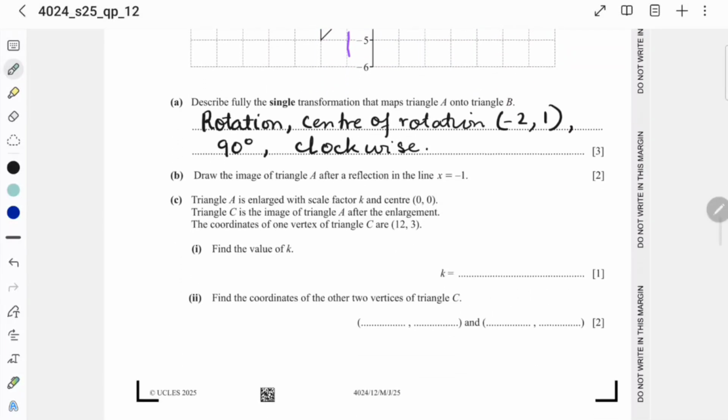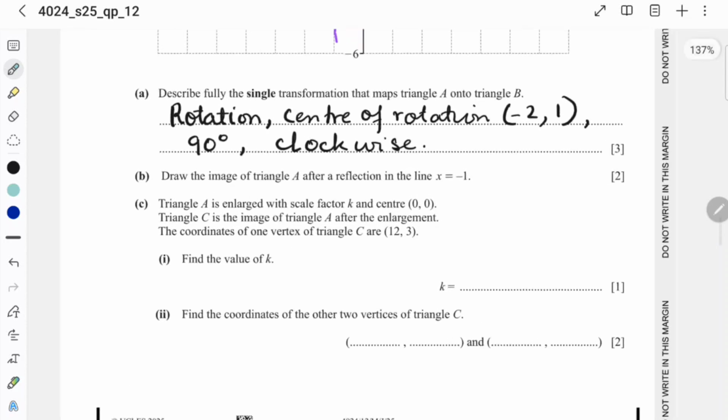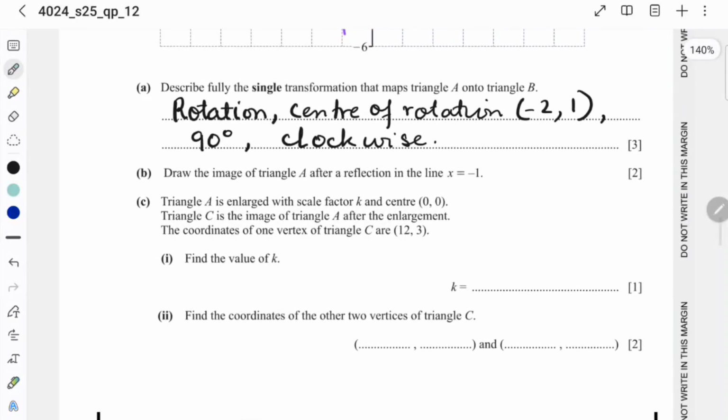Okay, now the next one, we did the image of x equals -1 after reflection. Now part C, the triangle A is enlarged with scale factor k and center (0, 0). The triangle C is the image of the triangle A after the enlargement.